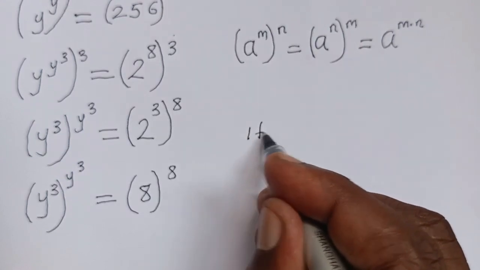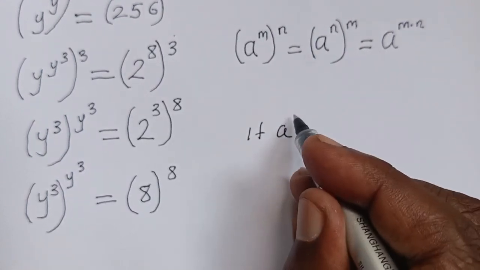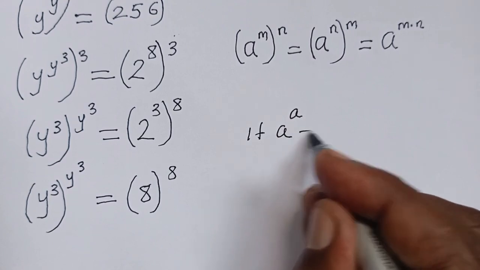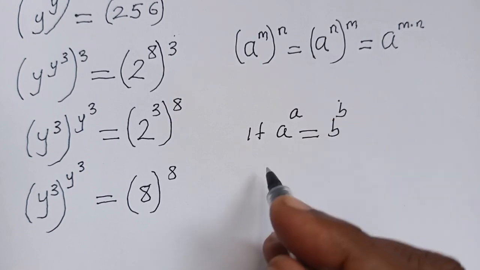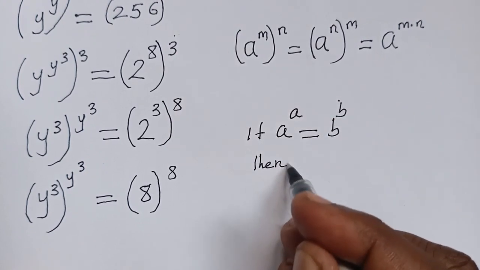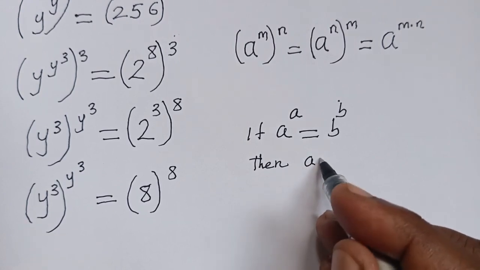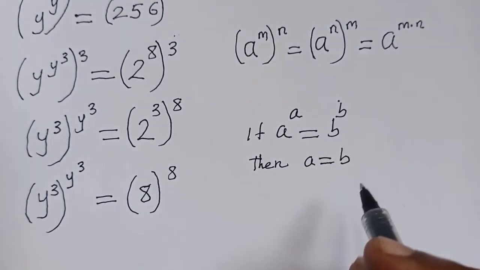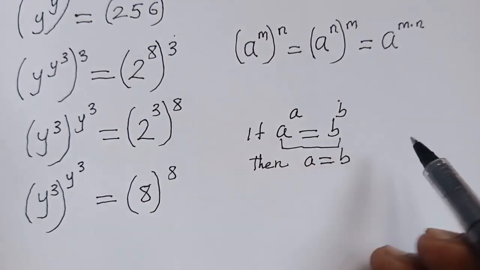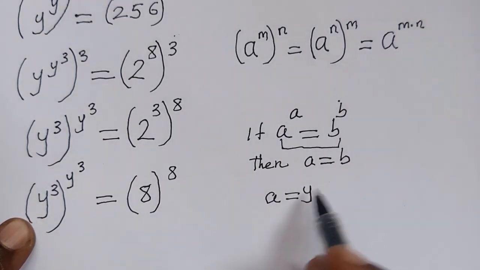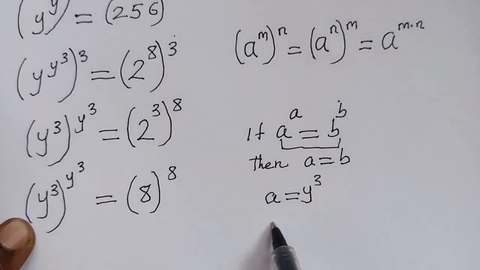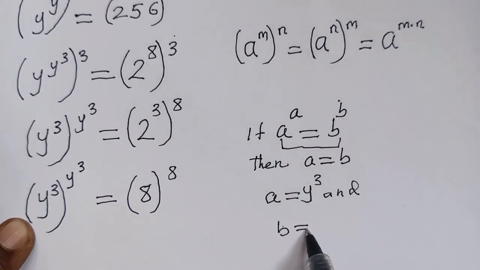Here we have y raised to power 3. If a raised to power a equals b raised to power b, then a equals b. In our case here, a equals y raised to exponent 3, and b equals 8.